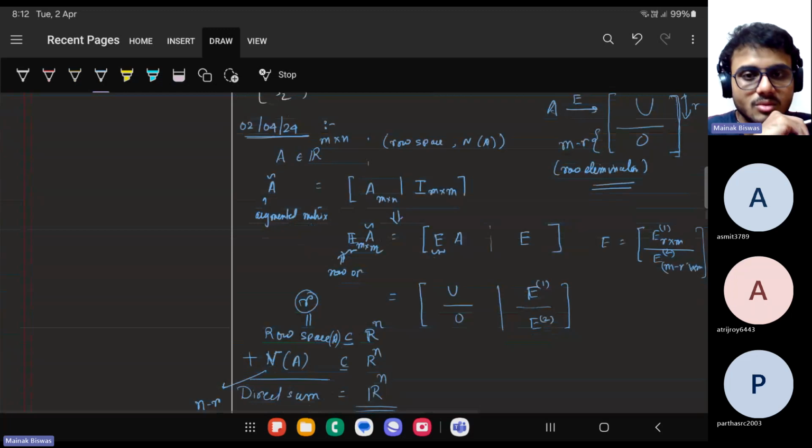So my question here comes to you: what would you be saying about the dimension, or what are the basis vectors of the null space? What will you do to the null space? What are the basis vectors?